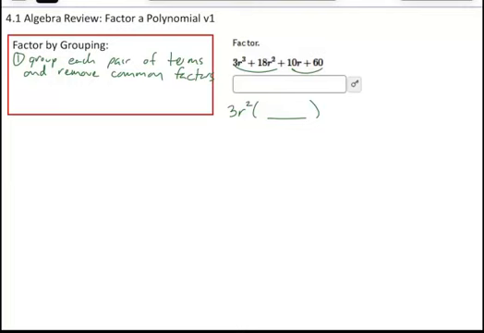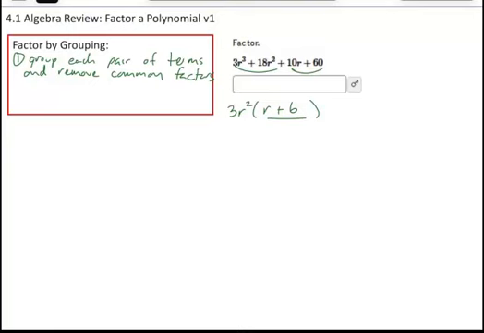Because I grouped it into a pair of terms, it needs to be a binomial. So 3r squared removed from 3r cubed leaves what for the first term? R. And 3r squared removed from 18r squared leaves what for the second term? 3 comes out of 18, leaving 6. So here's your binomial that remains when you remove your common factor.